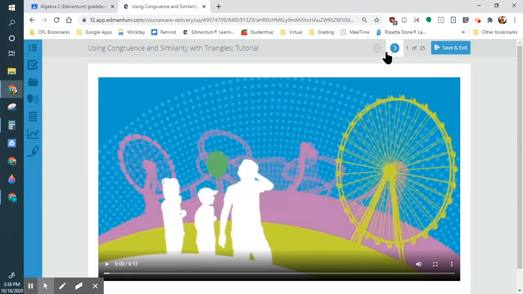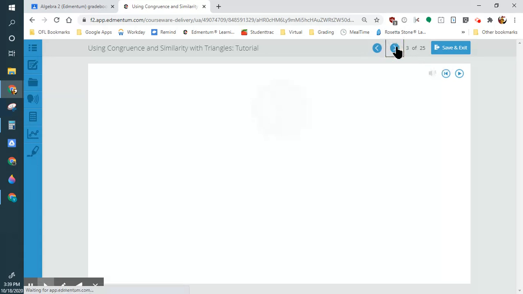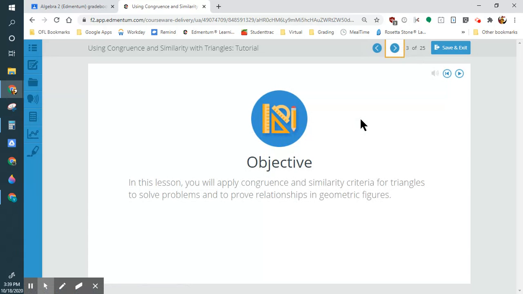All right, so taking a look at this, we're going to be studying using congruence and similarity with triangles. We have gone over some of the similarity rules, but now we're going to use them a little bit more to prove things. In this lesson, we will apply congruence and similarity criteria to triangles to solve problems and prove relationships in geometric figures.